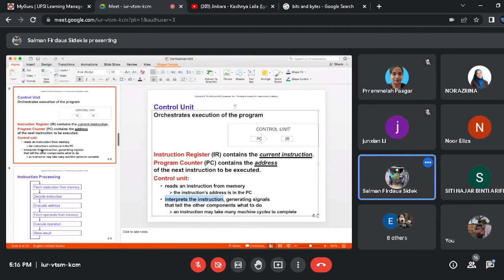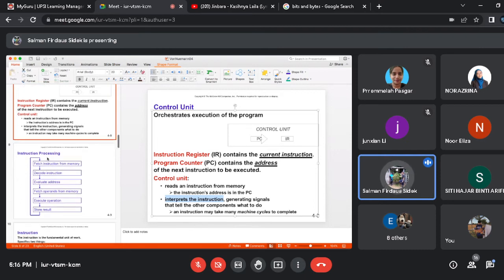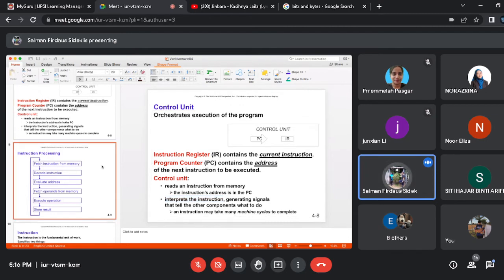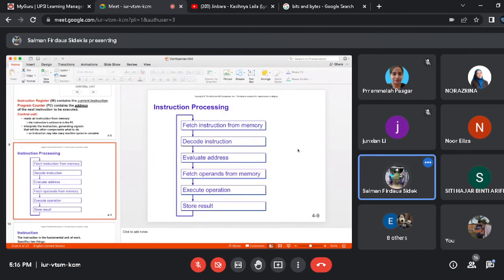Don't worry. So basically the process that we have learned just now, taking out the data, the loading and the storing process, can be expressed as an instruction processing flow diagram, flowchart. Diagram aliran ni. Flowchart.